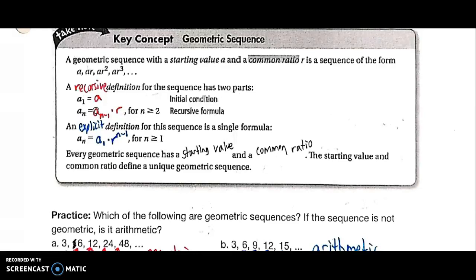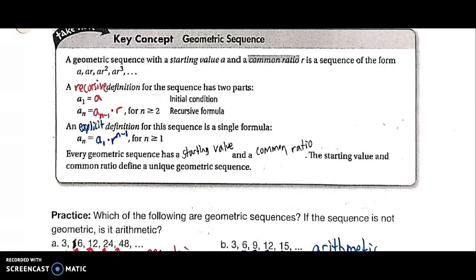We can find it by taking a sub n minus 1. And n minus 1 in this case would just mean the term that came right before it. We're going to take that term and multiply it times r. And that's going to be the rest of that sequence. We have a first value, and then we have an expression telling us where we can go past that first value. We're going to see that with some examples.